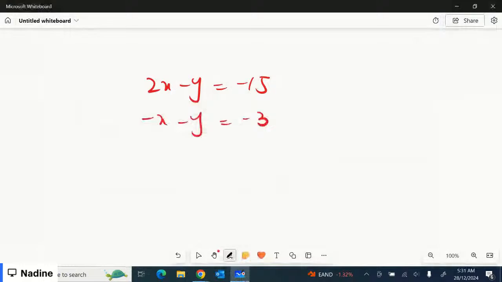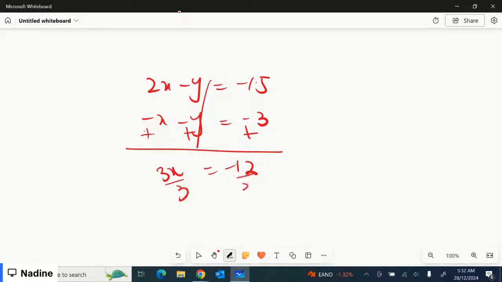So we have to eliminate one of the variables, right? If we add both the equations, the y variable can be eliminated. Y and negative y cancel out. 2x plus x makes 3x. Negative 15 plus 3 makes negative 12, right? Now divide both sides by 3 to solve for x. So we have x equals negative 4.